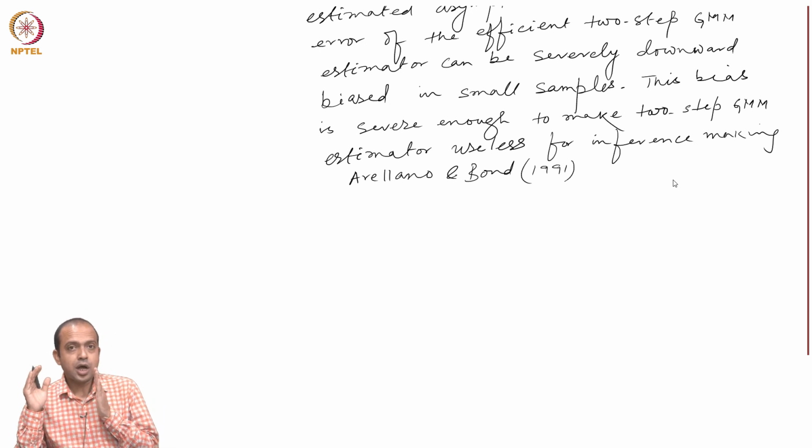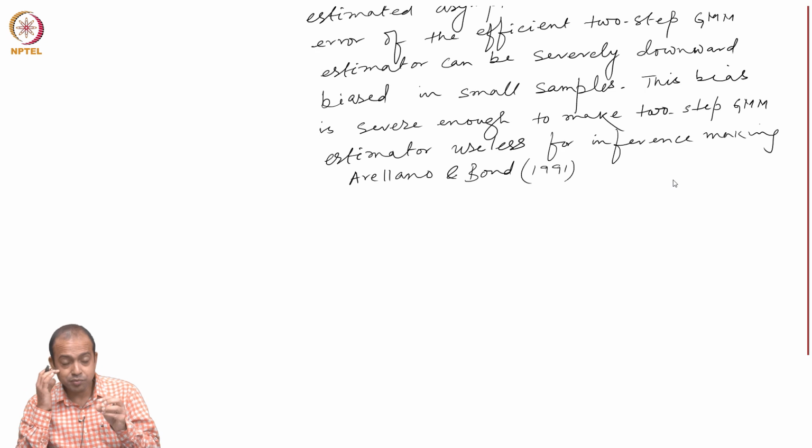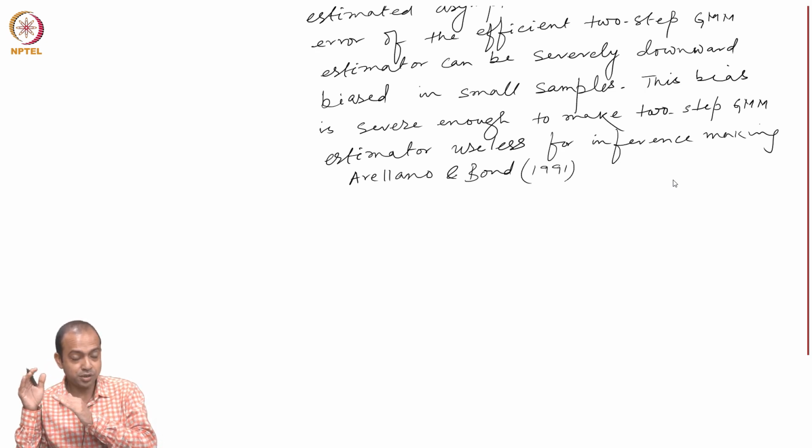So, what is happening here compared to the one-step GMM estimator? Two-step GMM estimators are more consistent, but to achieve consistency, what we are losing here is we are getting a downward bias in the asymptotic standard error of this two-step GMM estimator.